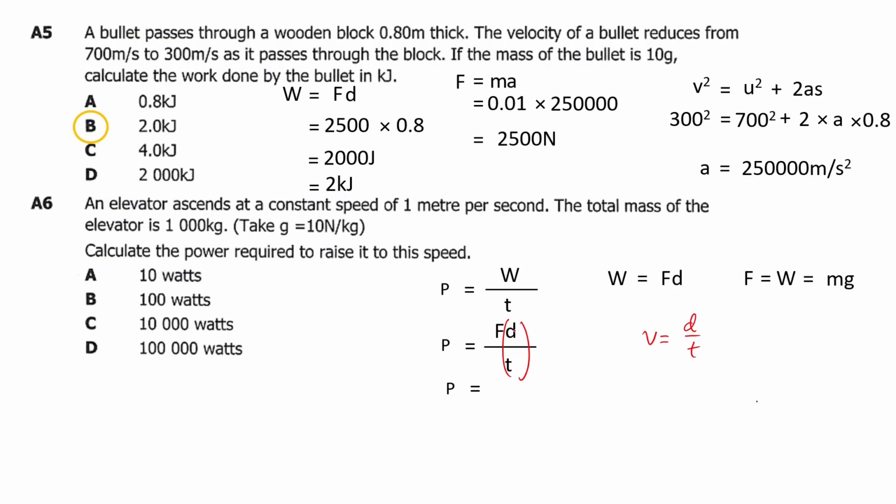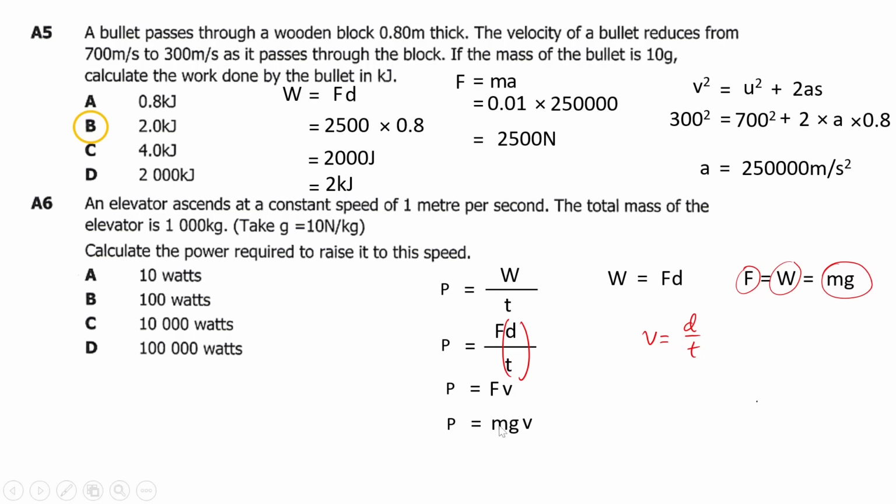So you factor out d over t as velocity, so that you have force, this is force, and this one becomes velocity. So all this value you have replaced with velocity. Then you say power is equal to, now this force is equal to weight, which is equal to mg. So where there's F, you put this here. So it will be mg times velocity.